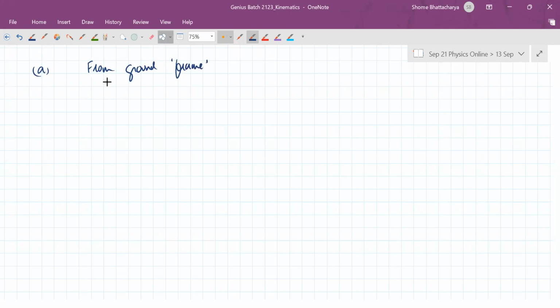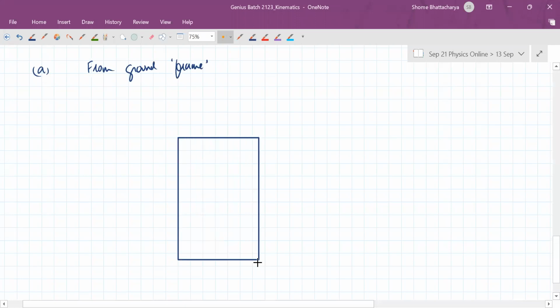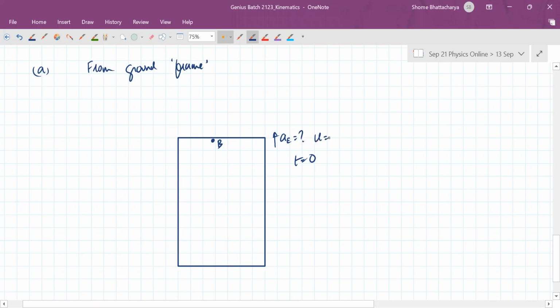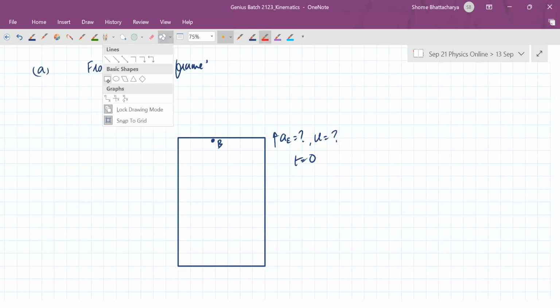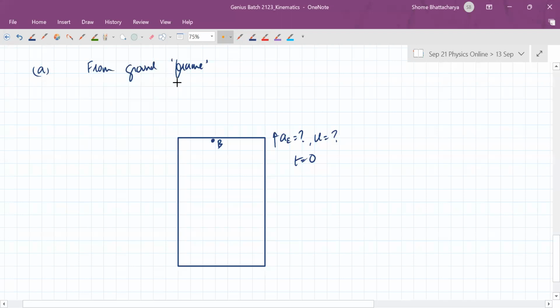So from the ground frame point of view, what is happening is that at t equal to 0, the bolt is here, okay, and the elevator is here going up with an acceleration and with some initial velocity, which in the second part is given to us, but let's say here is unknown. And then at 1 second, what happens is something like this.